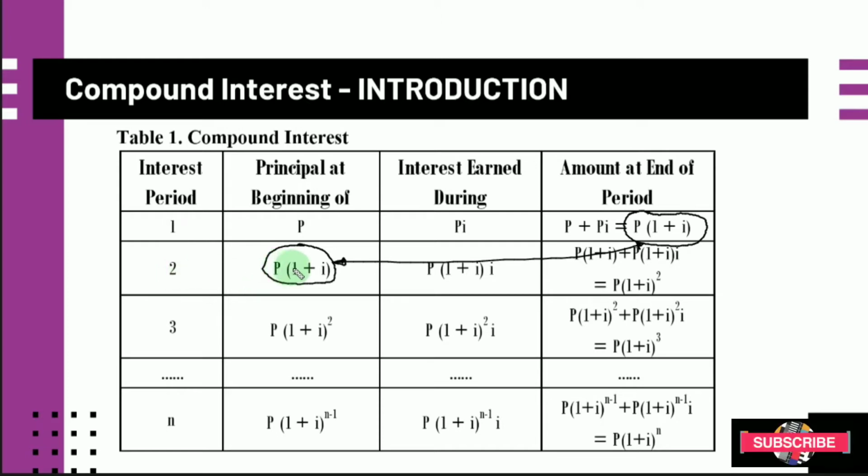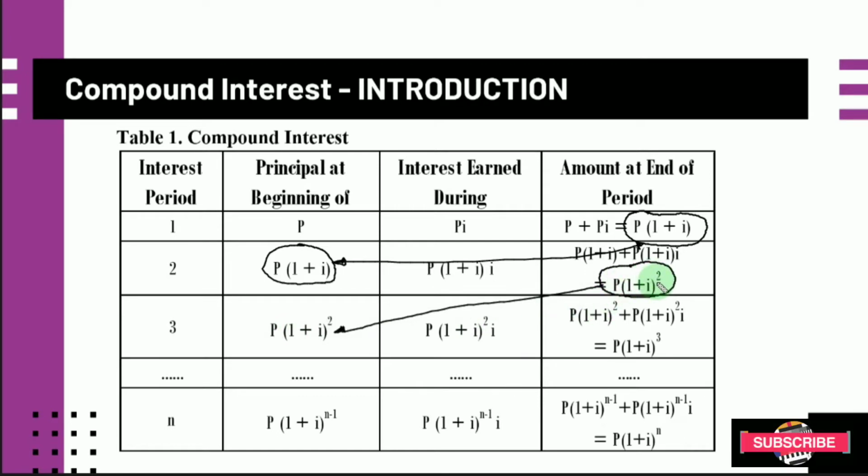And after that, you still get the interest, which is this one times the I, and then the amount at the end of the period is the sum of these two. Okay, so after you add the two, that amount here becomes the principal amount in the third year.